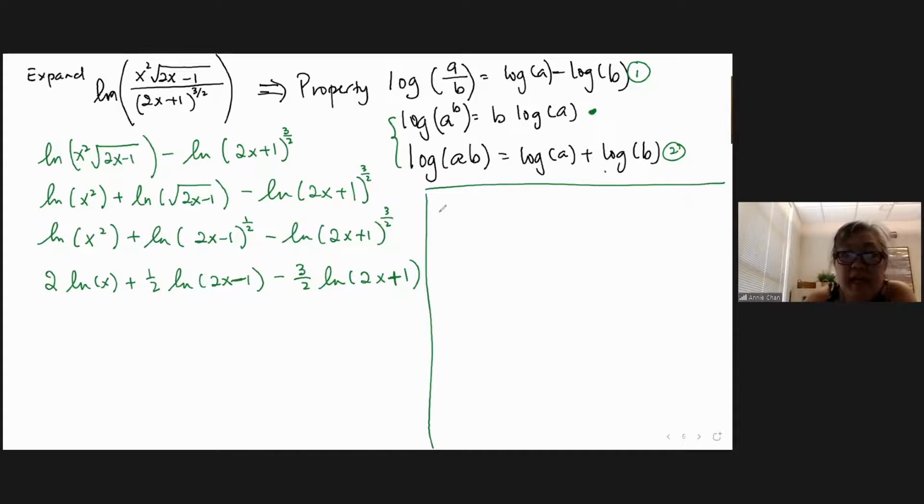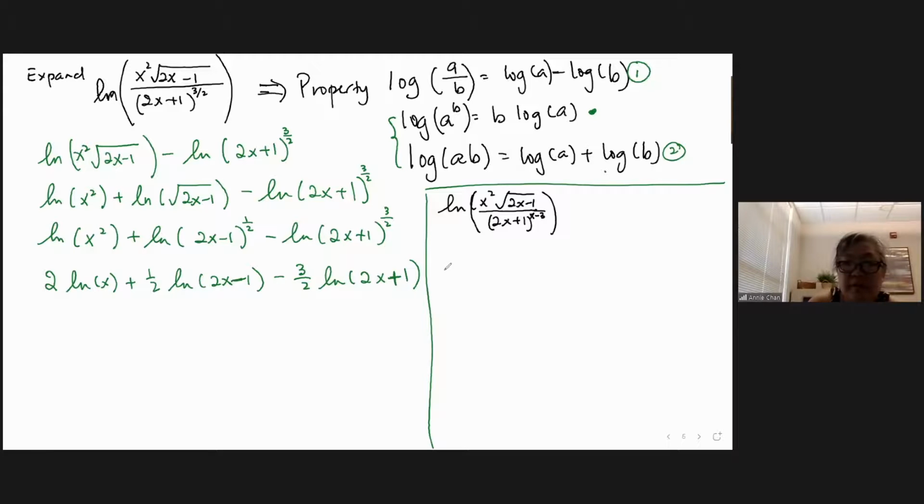What if I have natural log of x squared square root of 2x minus 1 over 2x plus 1, let's see, x minus 3. What if I have it like that? So we're going to do the same thing, right?